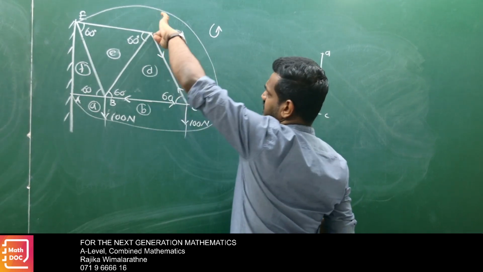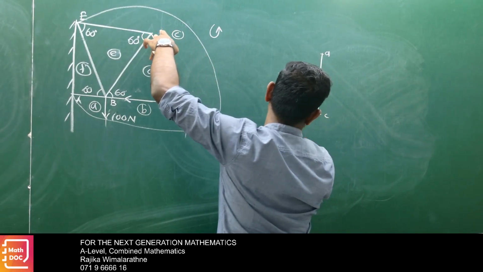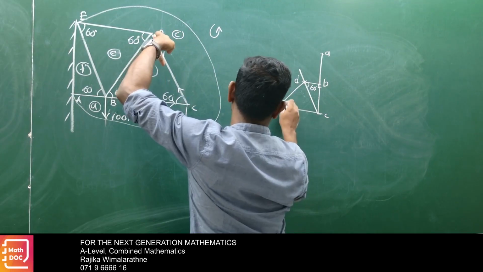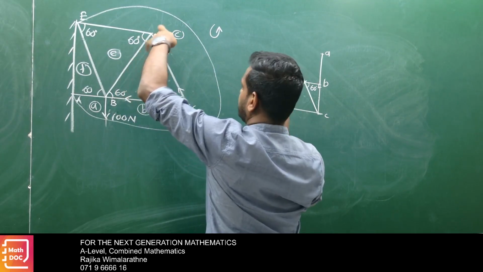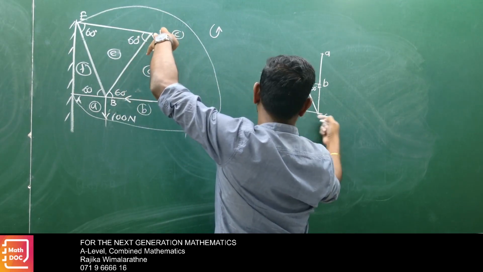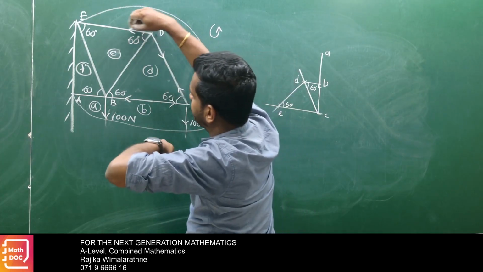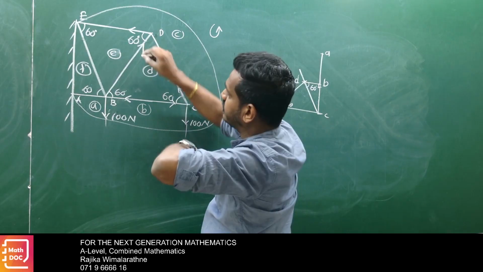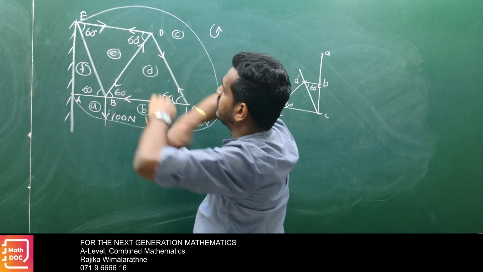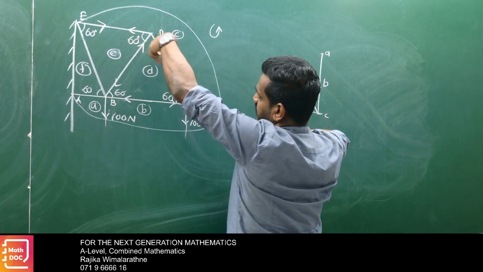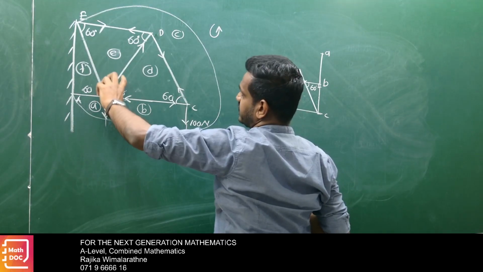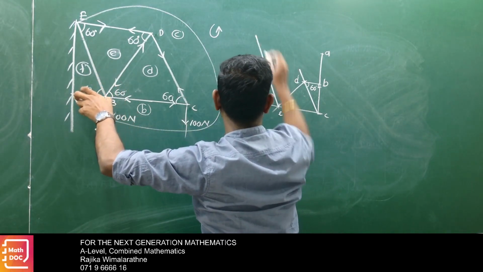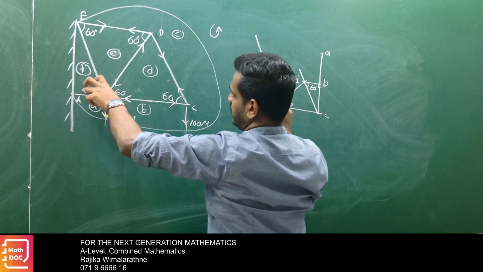Then go to this vertex, CE horizontal, ED to the horizontal 60. Same time mark forces, CE here this way, ED here this way, CE, ED. Then go to this vertex, EF to the horizontal 60, FA horizontal.